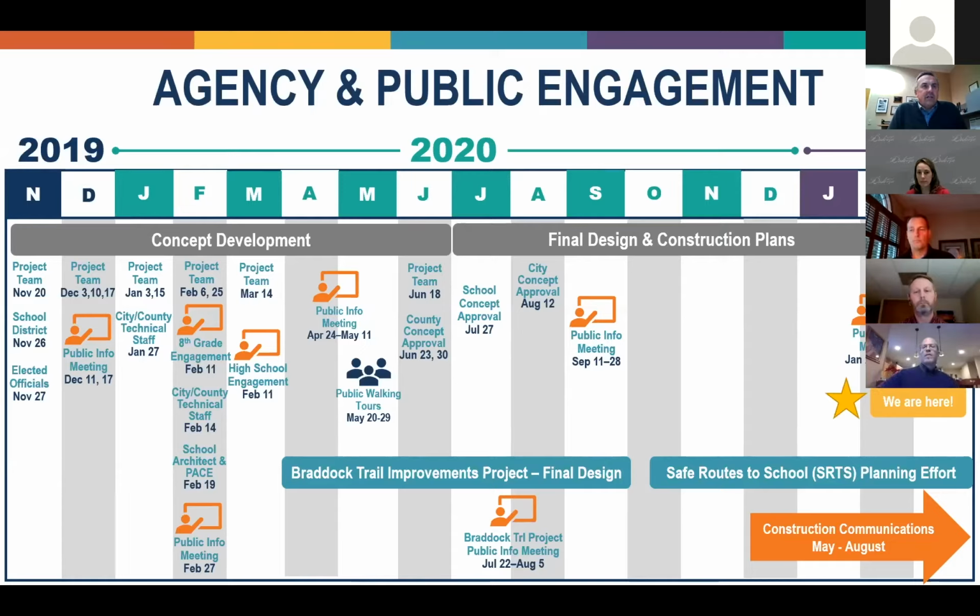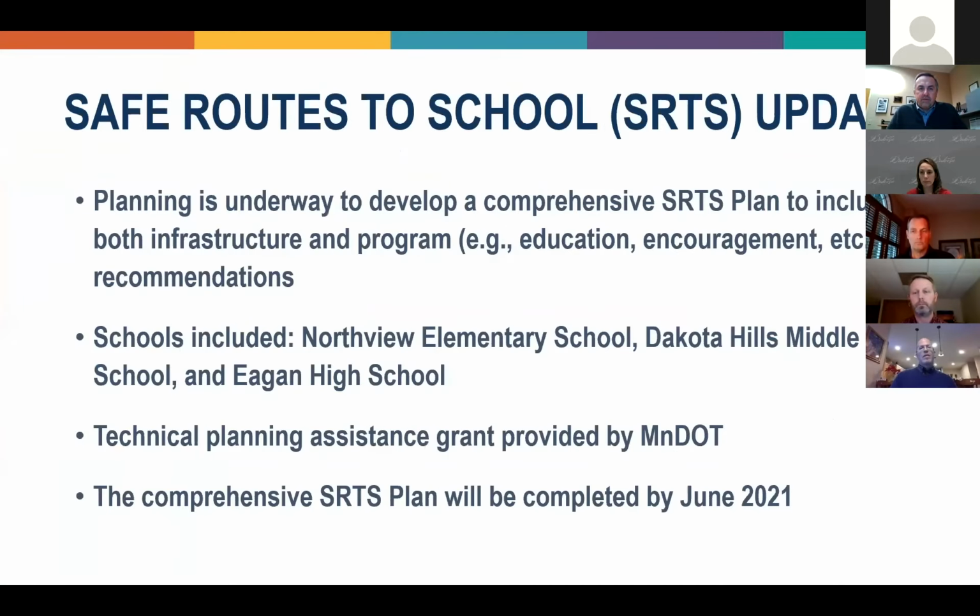We had the student engagement just before the COVID pandemic hit in February and March of 2020. And of course, walking tours in May of 2020. The Safe Routes to School planning effort kicked off in September or October of 2020. And Colin Harris, I believe Colin's on the line here, is going to take a few minutes to talk about the status of that planning effort.